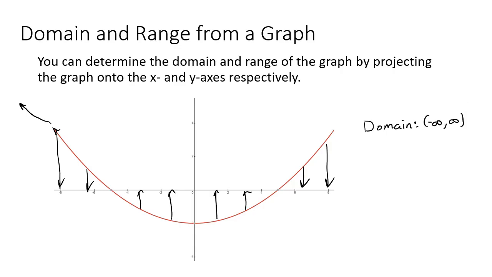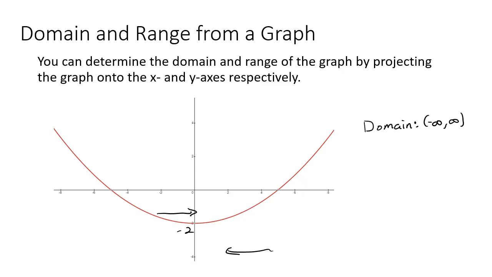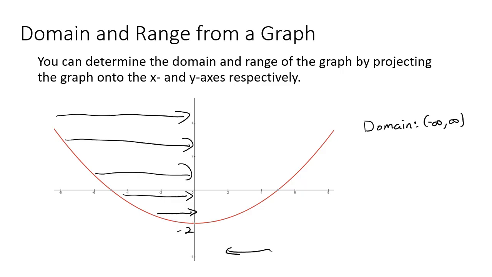The y values you want to project then to the y-axis. So in this case, there is no graph below a y value of -2. But above -2, all y values are possible outputs.